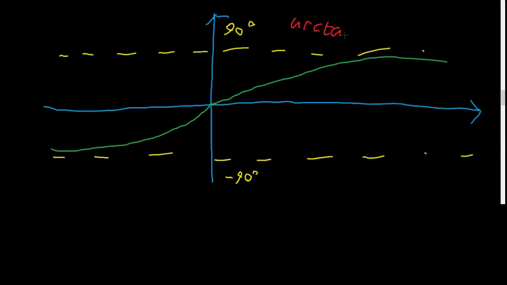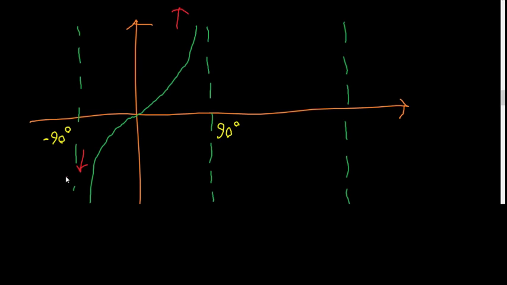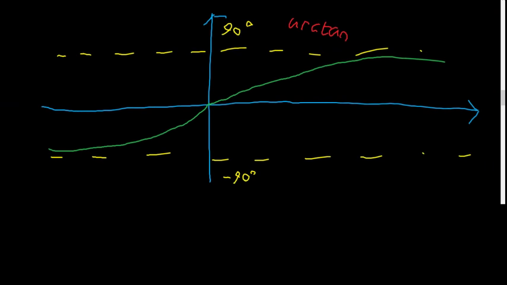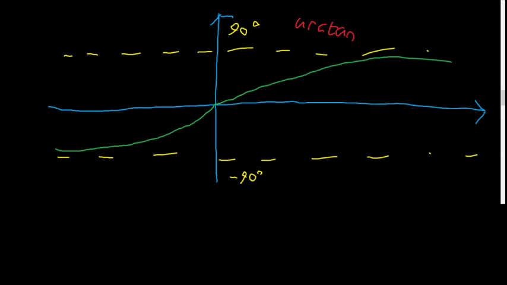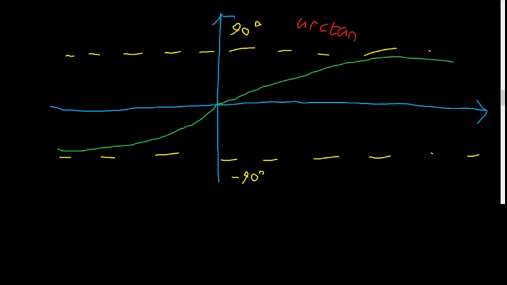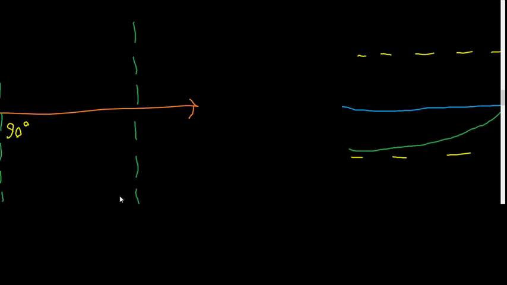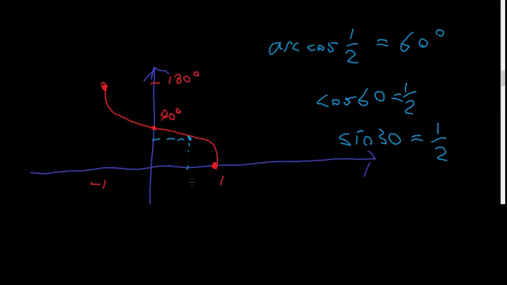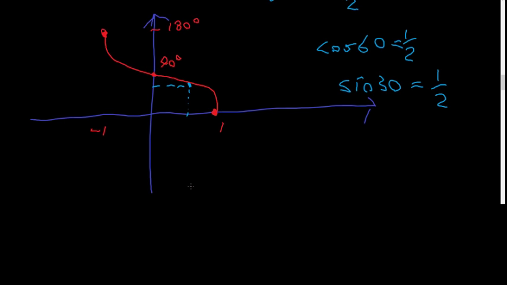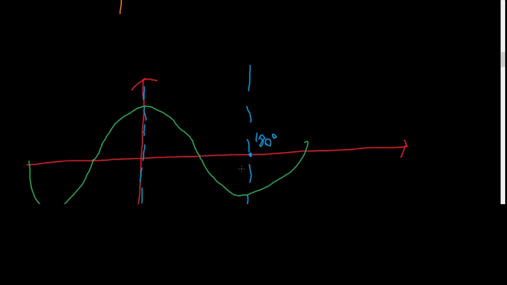Okay, now notice we've again needed to restrict the domain, so it's 1-to-1 in this region. But this time it looks different because arctan can take any value, right? So the domain can be any real number here, and it's going to pop out something between minus 90 and 90. Going up here, the domain of arccos is of course between minus 1 and 1, and arcsin's between minus 1 and 1.